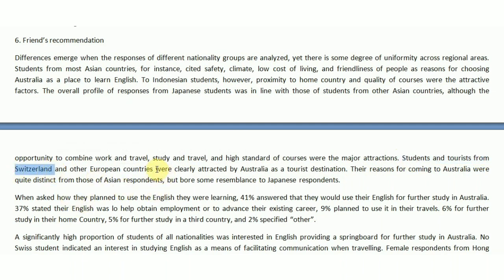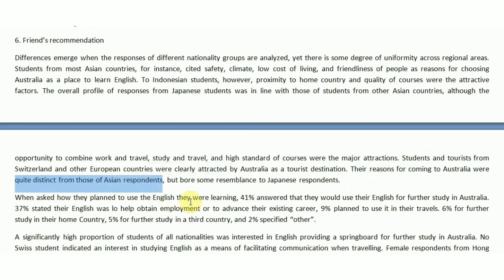Okay, they were clearly attracted by Australia as a tourist destination. So Swiss students and tourists chose Australia because it was a tourist destination. So this was their reason. Their reasons, it means students and tourists from Switzerland and other European countries, but we only need students and tourists from Switzerland, so it's okay. Their reasons for coming to Australia were quite distinct from those of Asian respondents.